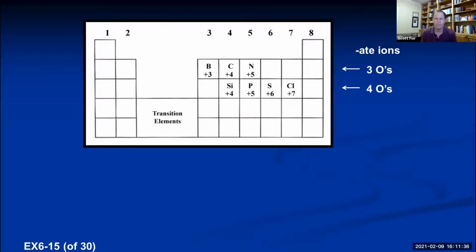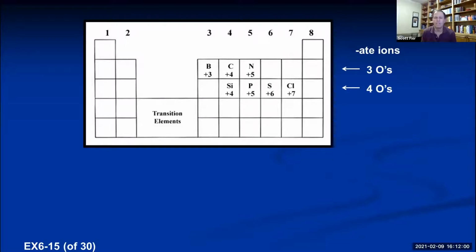Does that make sense? Okay, so now engineering majors, because you're so good at math, let's figure out what the formula of borate would be. If borate is a boron with 3 oxygens, and the boron has a +3 charge, and the oxygens, you would give them their natural negative charge of -2. So the 3 oxygens are -2, -2, -2 is -6, but the boron is +3.